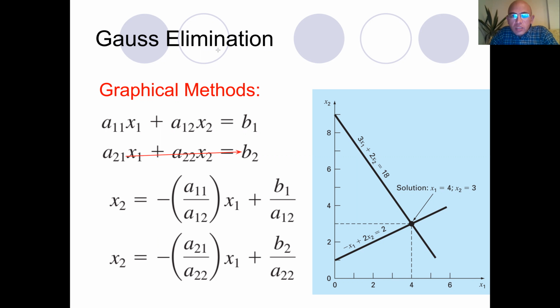Then I will obtain this function. x2 is equal to minus a21 divided by a22 multiplied by x1 plus b2 divided by a22. Now certainly I have two lines here, as you see. So this represents one line and the other one represents the other line.